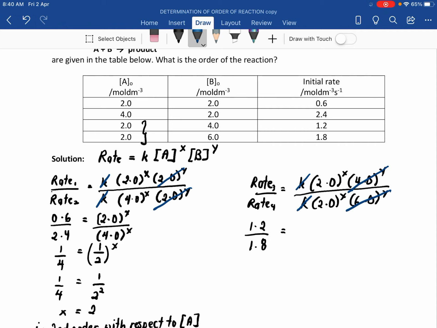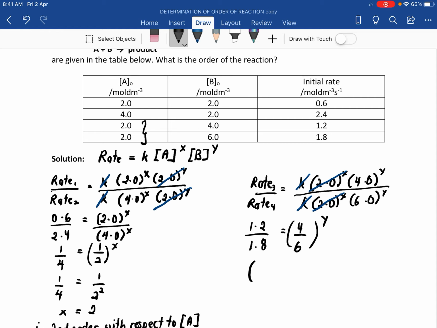So that is what we cancel. 4 divided by 6 is 2 over 3, so it is 4 over 6 to the power of y.